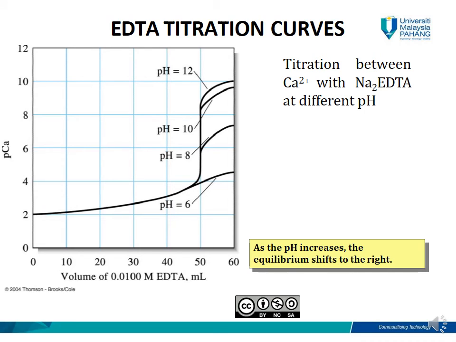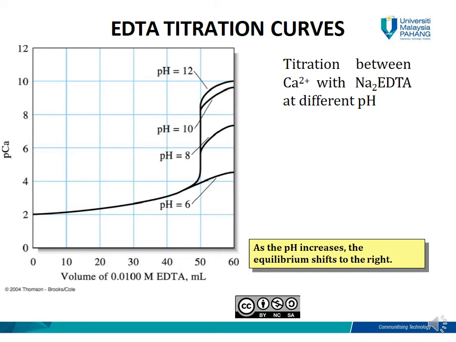So these are the indicator titration curves. Basically, the same pattern of titration curve will be observed. However, you can see from the picture that pH influences the process of titration. As the pH increases, the equilibrium shifts to the right.